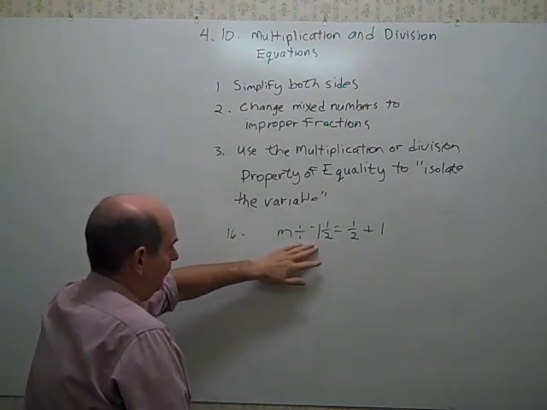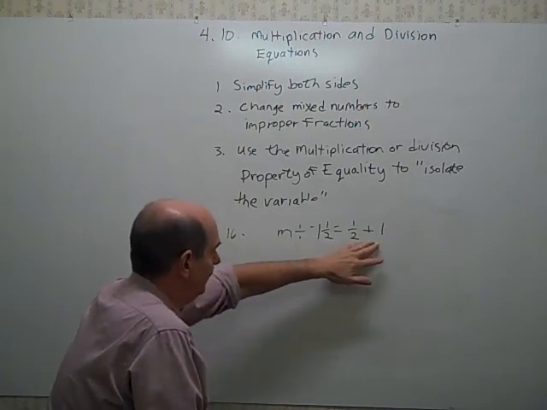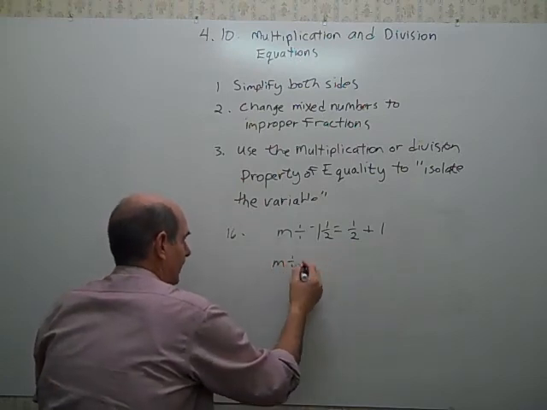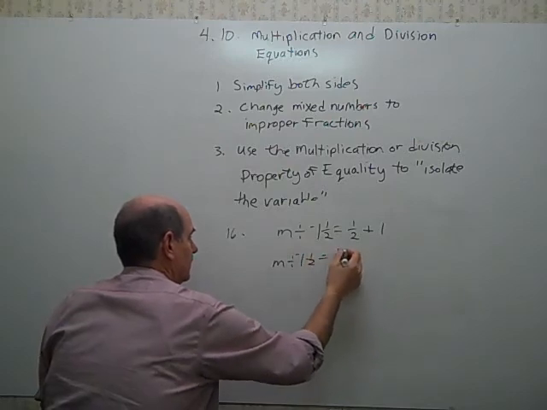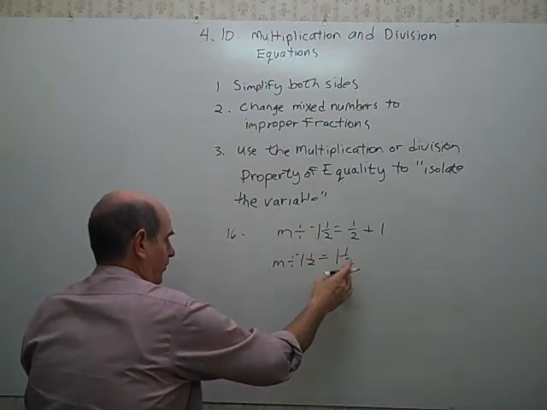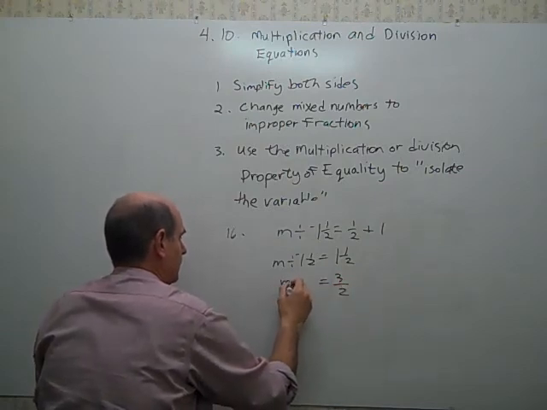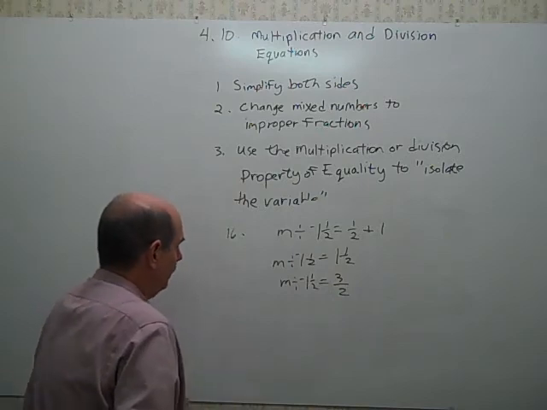This side, there's no arithmetic that we can do, it's done as far as we can go. But we can combine the 1/2 and the 1, and it would give us 1.5. And then change this to a mixed number, 3 over 2, and m divided by negative 1.5 equals 3 over 2.